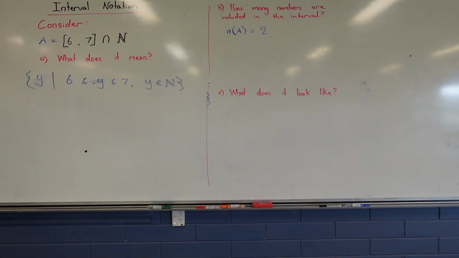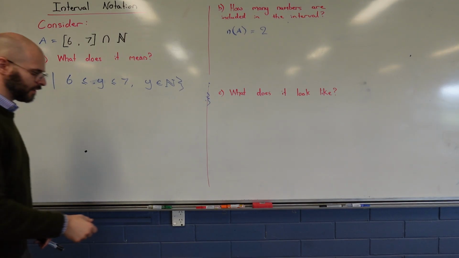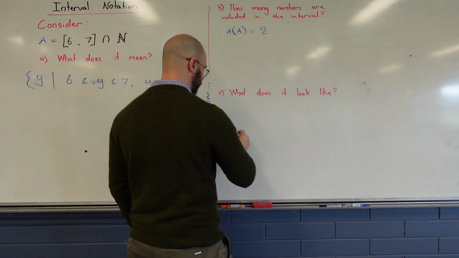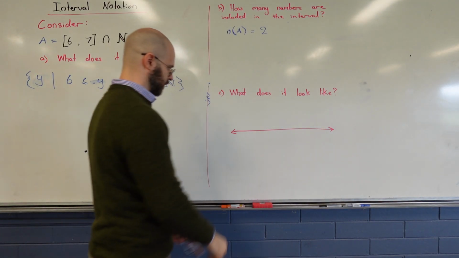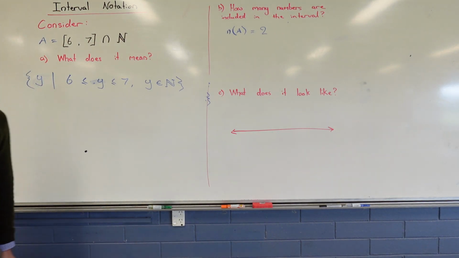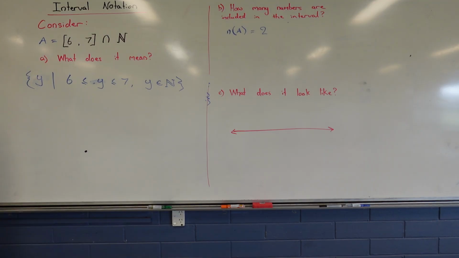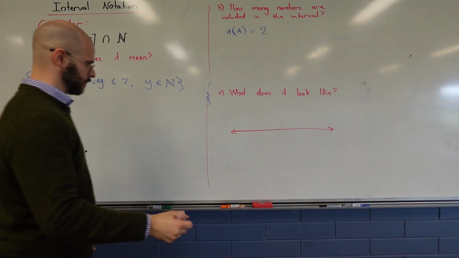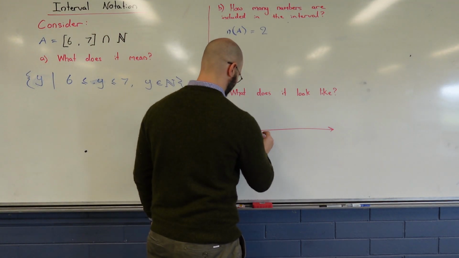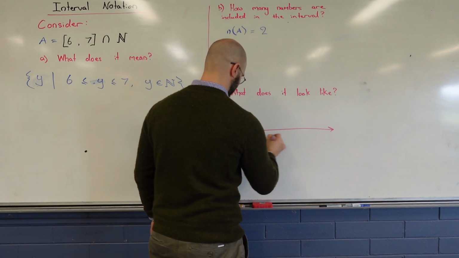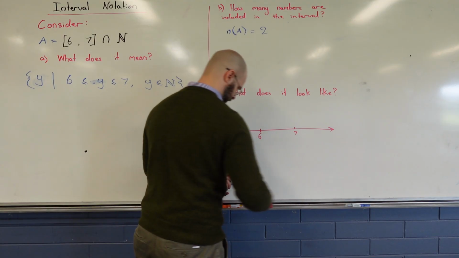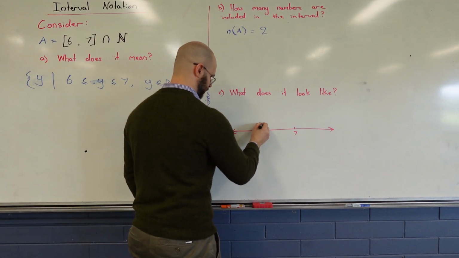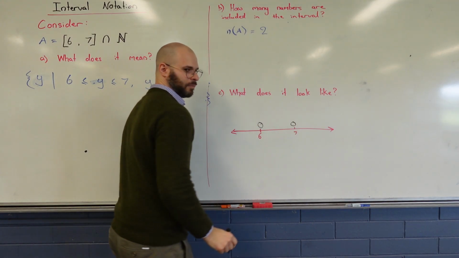If I was going to graph this on the real number line, what would it look like? You mark the 6 and 7, coloured in. And then what will I do?